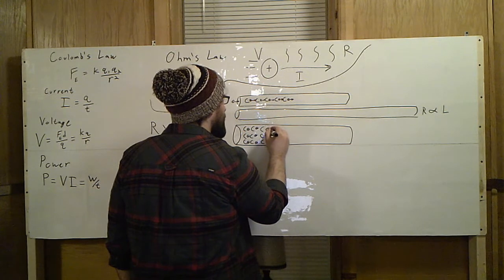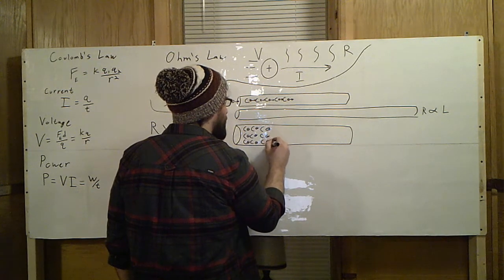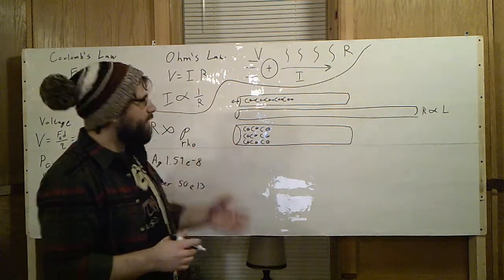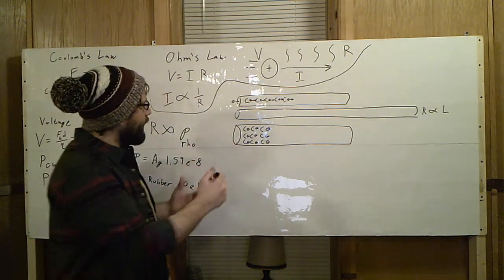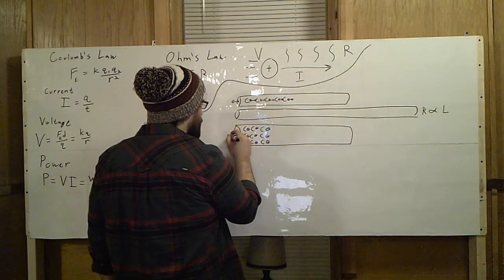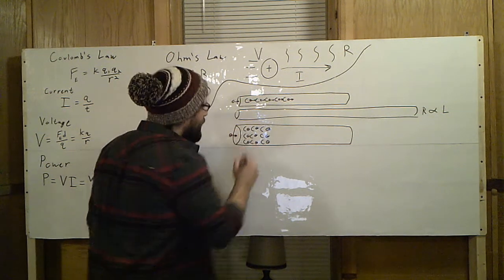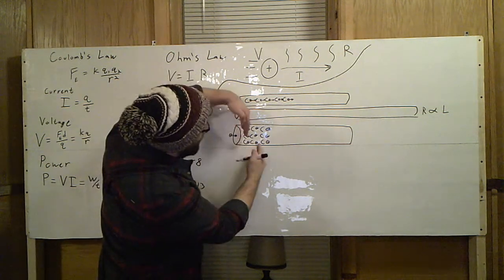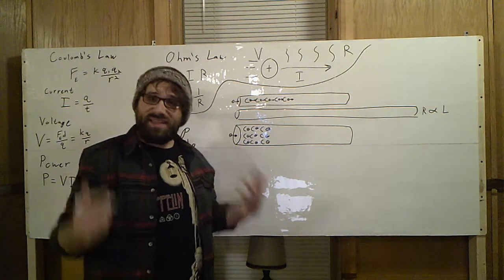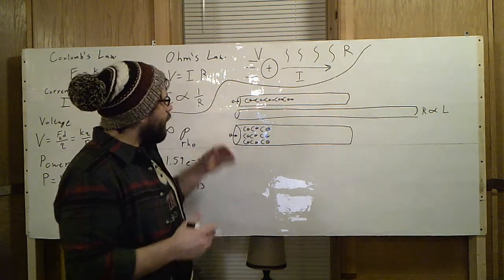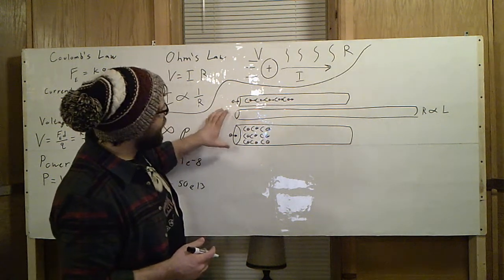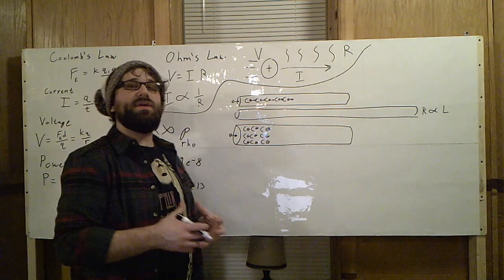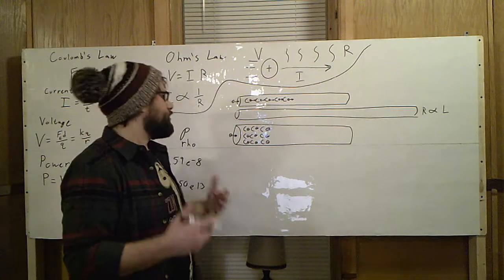So I still have all these little atoms of copper, and they each still only have one electron that they can move on. But now when I try to add in even just this one bit of charge, it's able to push at all 3 at once. Now it's easier to move. So if I get a bigger area, then it's going to become easier for that charge to move through.